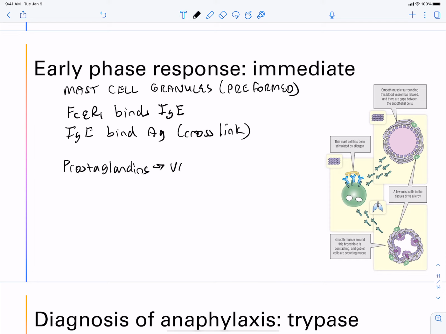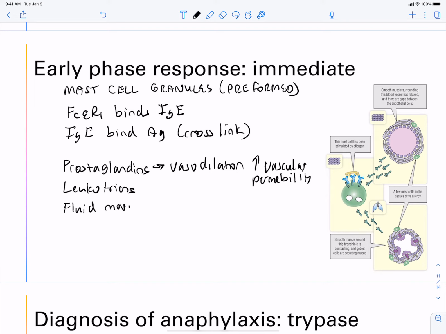This is going to help with vasodilation, and increases permeability. You're also going to have leukotrienes. You're going to have fluid movement, and it's going to move from the vasculature, because now you're getting more leaky, into the extravascular space.